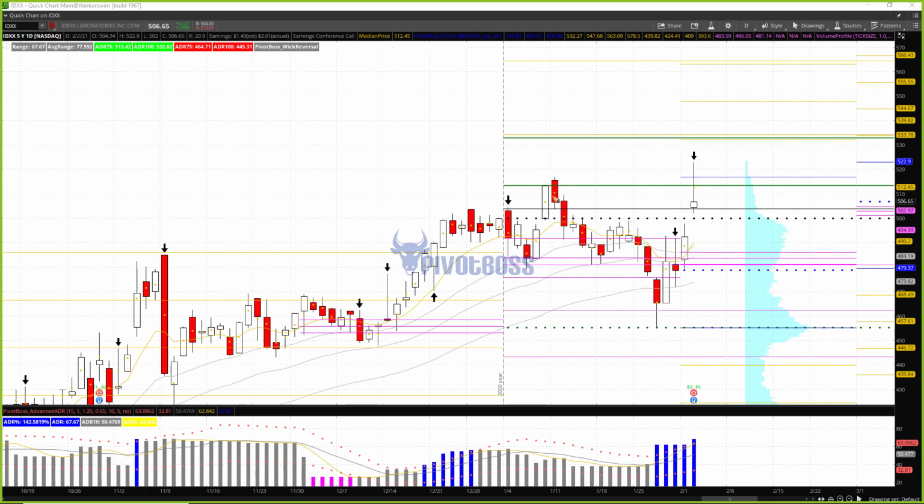So again, if it can't close below this level and instead we close above it tomorrow, that would negate everything I just said, and we might just explode to the upside. So that midpoint becomes very, very important. Higher high rejection, we could be looking at, again, at least a snapback. If you reject the previous high, you snap back to either the previous close or previous mid.